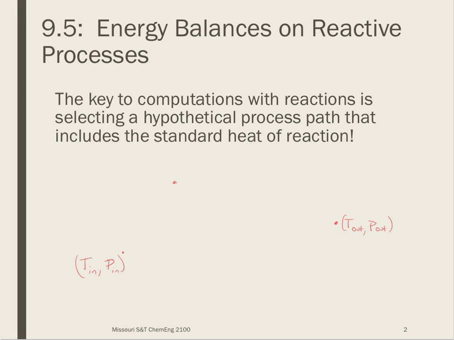So I'm going to take the feed and bring it to 25 degrees C in 1 atmosphere and have a path that does this. So it might be constant temperature and pressure. Okay, so it may be 2 steps, but the path is going to first bring the reactants to the standard temperature.